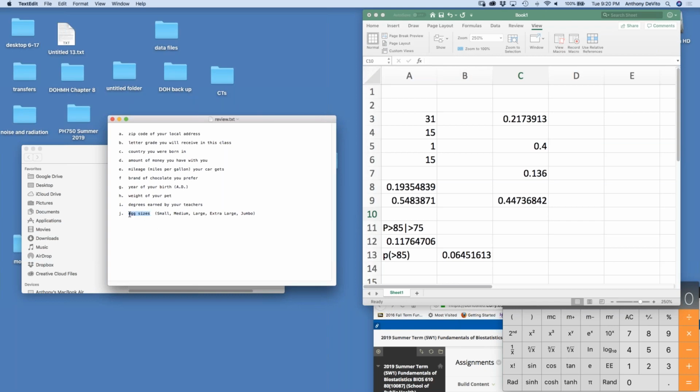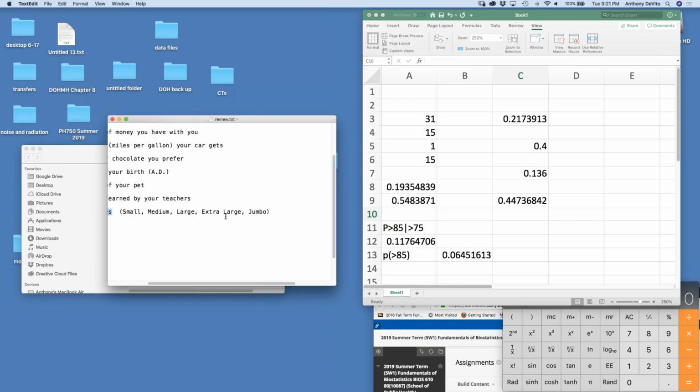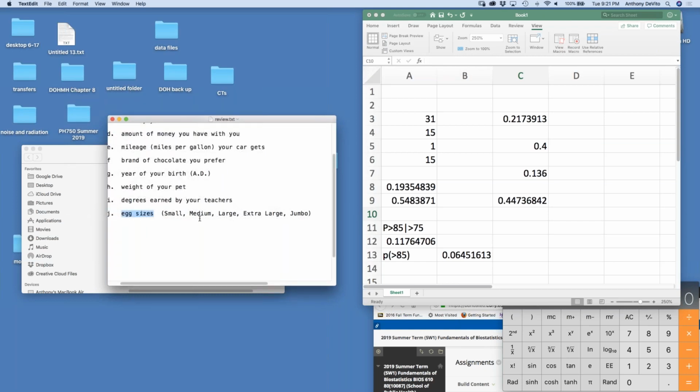And then finally, we have egg sizes, which are described as small, medium, large, extra large, and jumbo. Now I imagine that there's some way that they sort that. I don't know if it's by size or weight or something like that. But while these are words, they're names or words that represent the relative size of the eggs. What do we know about the size of the eggs?